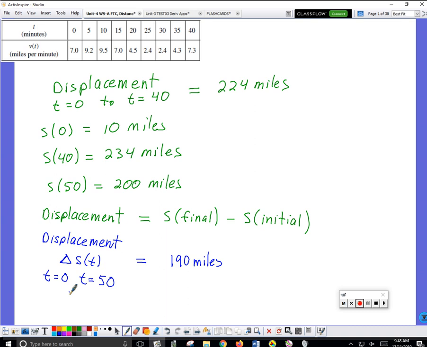Raise your hand if you can use your common sense to tell me what's another computation they might ask you to make with these numbers. They might want another piece of information that relates to how this plane is moving. Come on, it's a common sense thing. You figured out the displacement, go figure out blank as well. It's associated with these numbers. What's the blank we're thinking of?